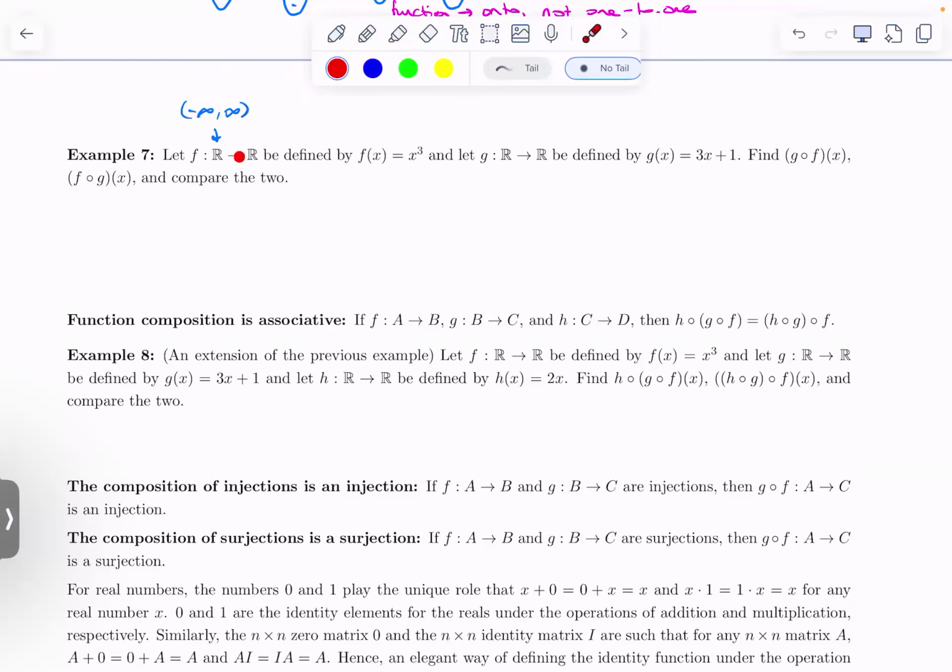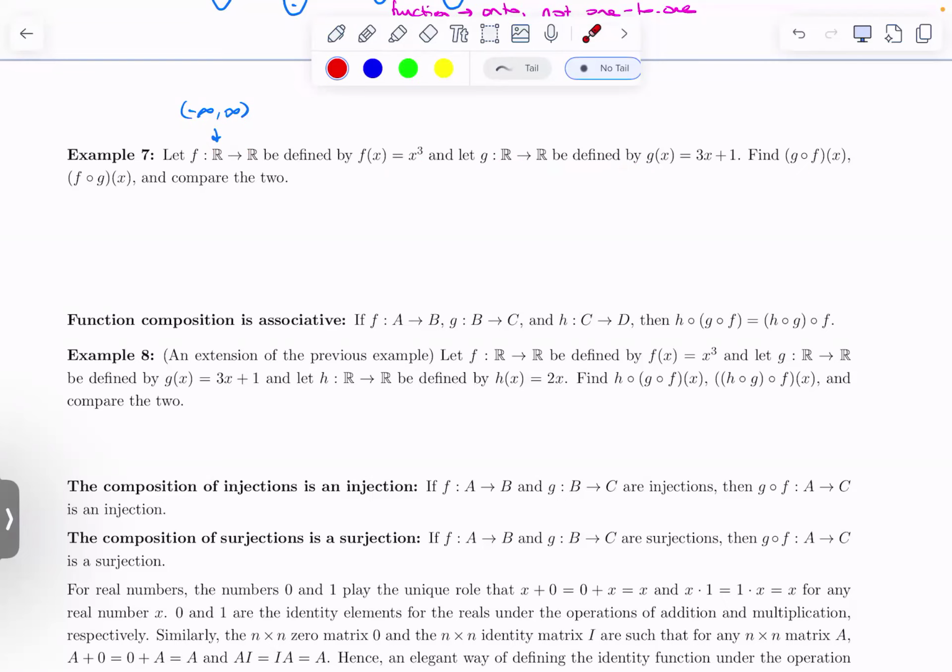So we're mapping from the set of real numbers to the set of real numbers, and we're going to let f of x be x to the 3. That's cute. And we're going to let g do the same thing, map from R to R, and g of x is going to be 3x plus 1.